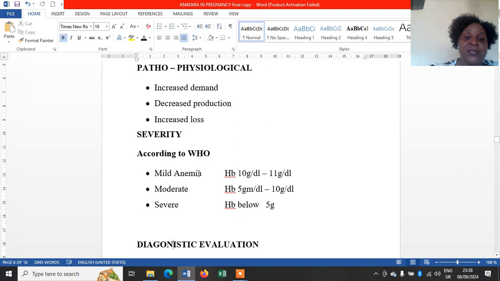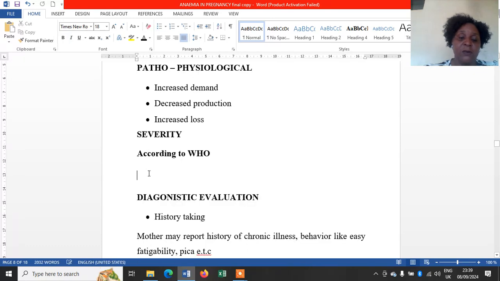And then another classification, as we said, the pathophysiological, will be due to increased demand, decreased production, or increased loss. But again, the World Health Organization also classifies anemia according to severity, depending on age and sex, as we did above.